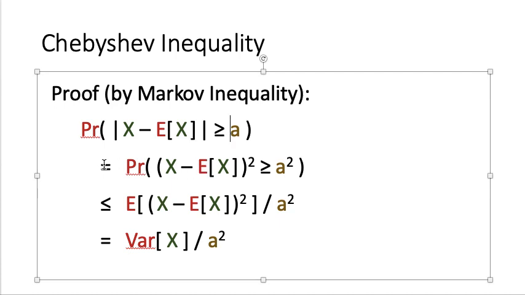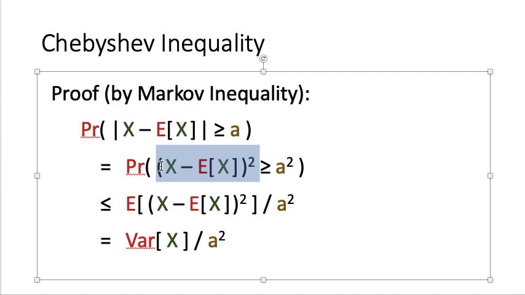So this is equal to the probability that the square of X minus E[X] is greater than or equal to a squared. Now, this is a random variable as well, and it can only take on non-negative values. This is the condition that allows us to apply Markov inequality.